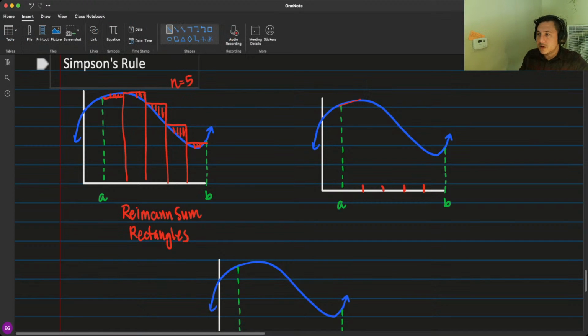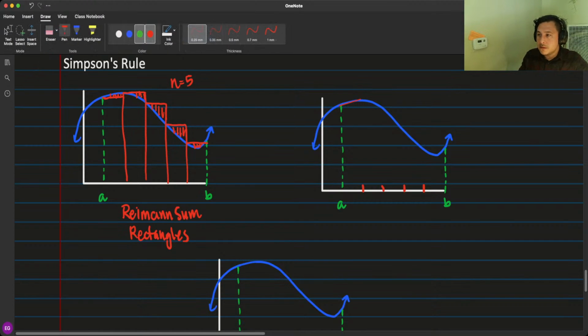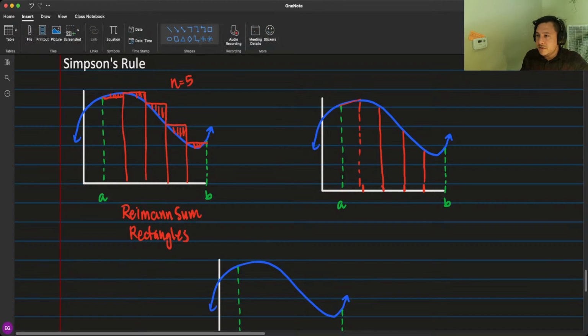Let's draw some of them. There's a line. There's a line. There's a line. There's a line. So if you draw the trapezoids, they'll go something like this.